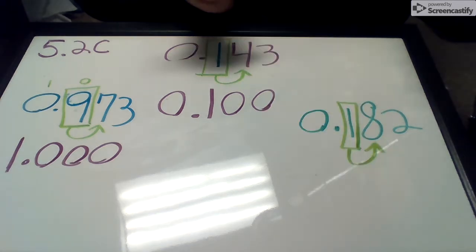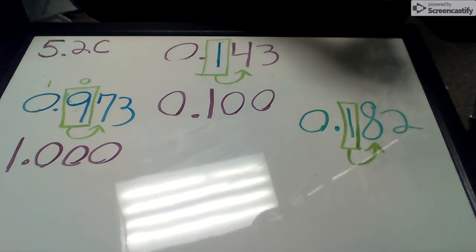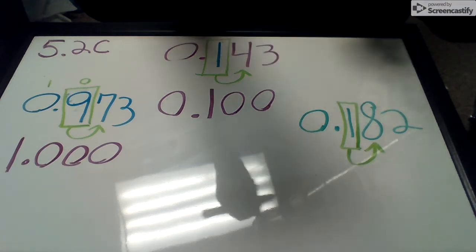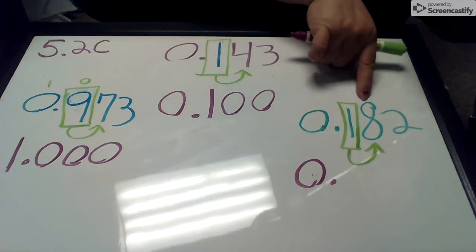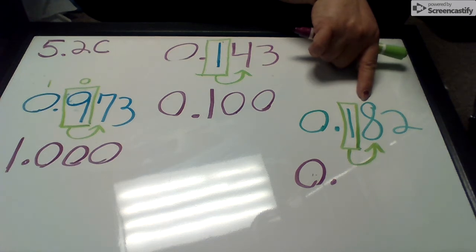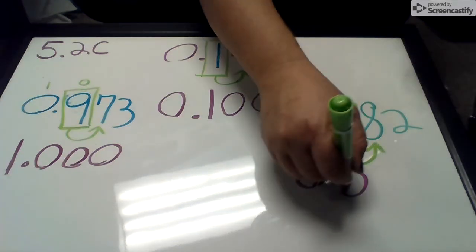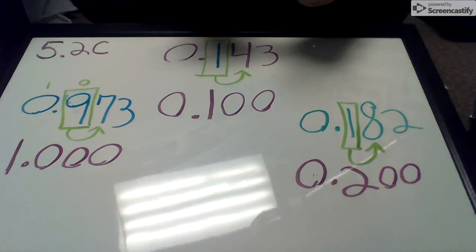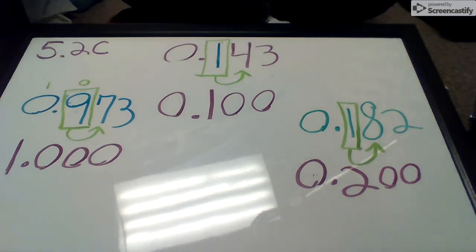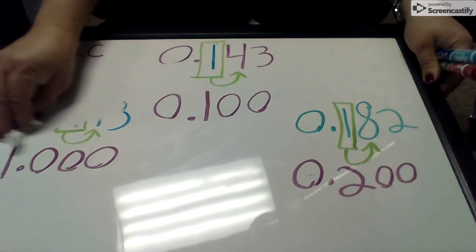The digit behind is what determines whether or not they go up or not. Everything in front of the box stays the same. The digit behind the tenths place is 5 or more, it's an 8, which makes this number change into a 2. And everybody behind it turns into zeros. And that's when we're rounding to the nearest tenths.